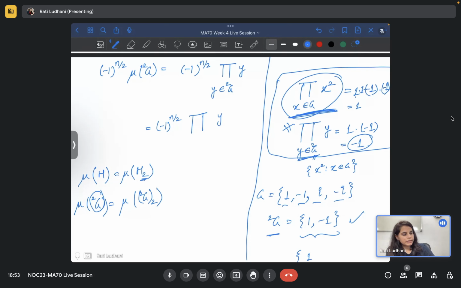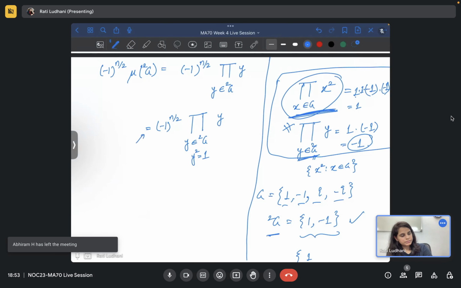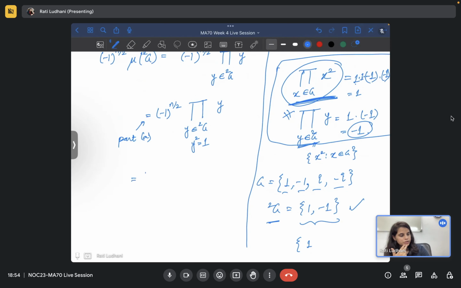So you have y belongs to 2G, and y squared is equal to 1. We just added this condition. We have proved that in the first part A. Okay, so you have minus 1 raised to power n by 2.